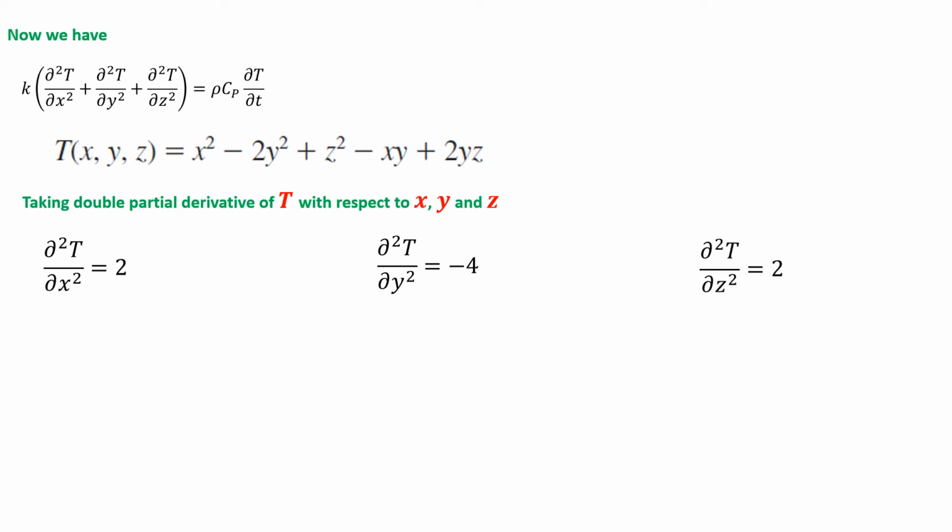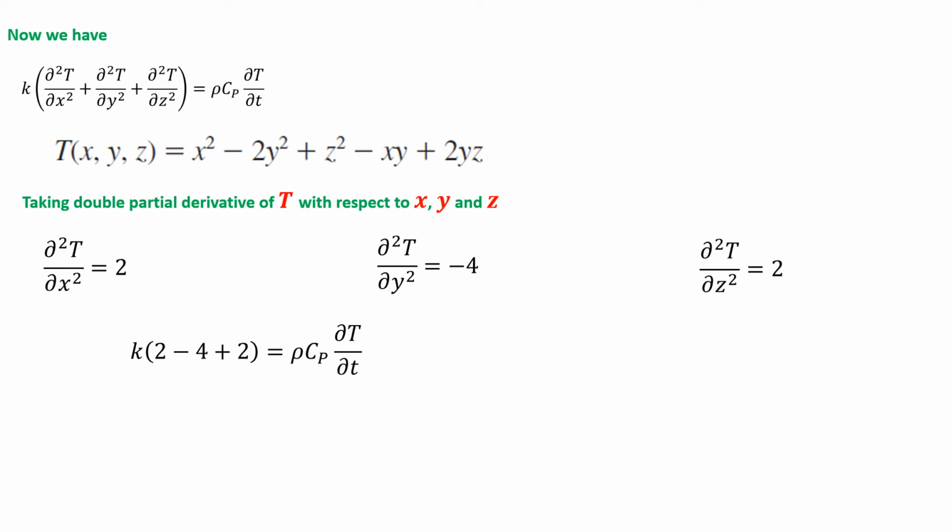I hope that you know about partial derivatives and you can easily find them. Substitute the values of ∂²T/∂x², ∂²T/∂y² and ∂²T/∂z² in the modified form of the heat diffusion equation.